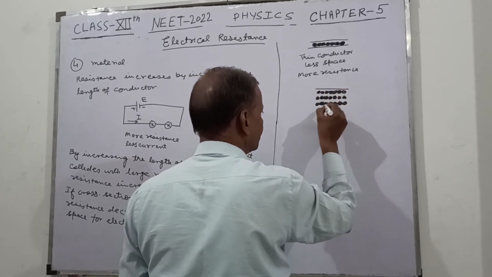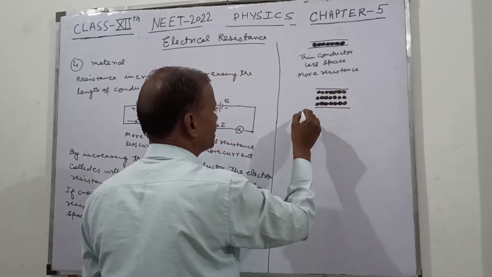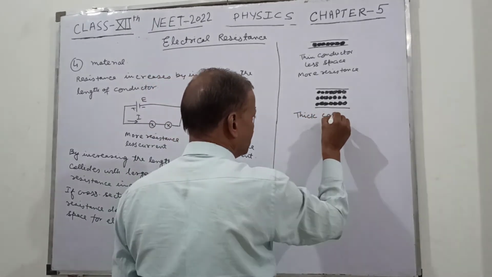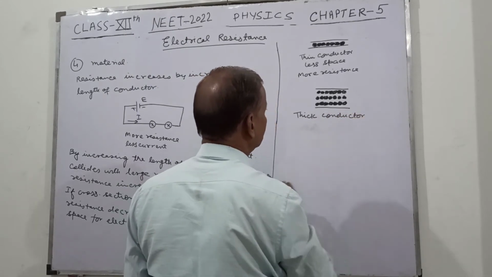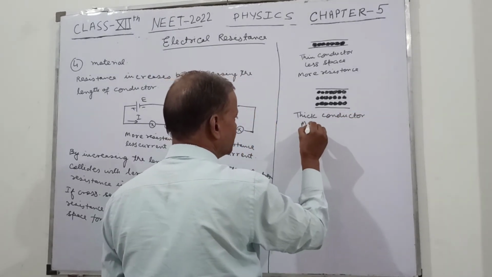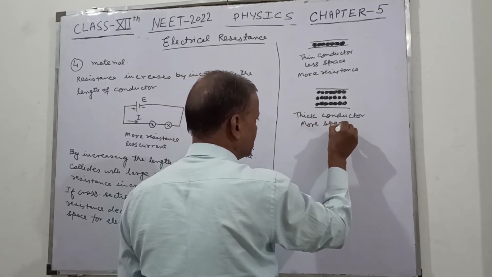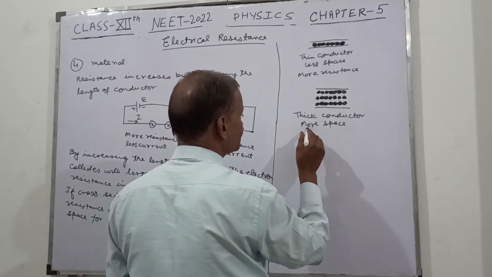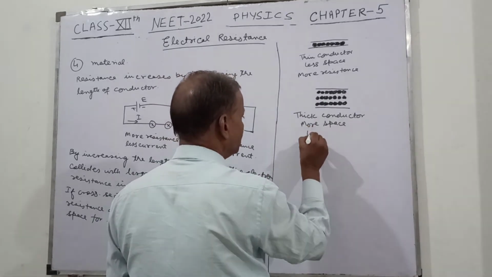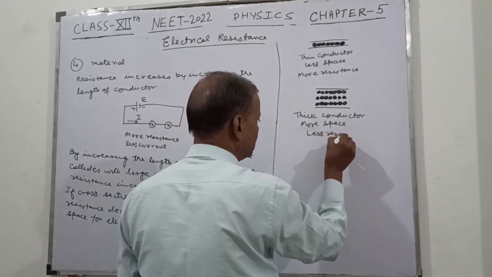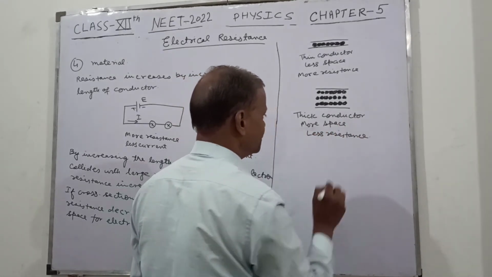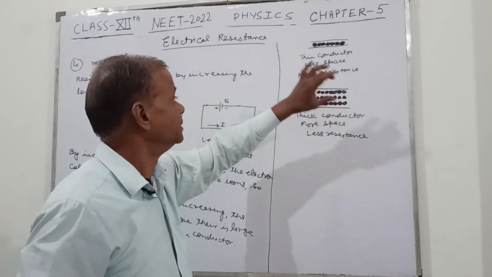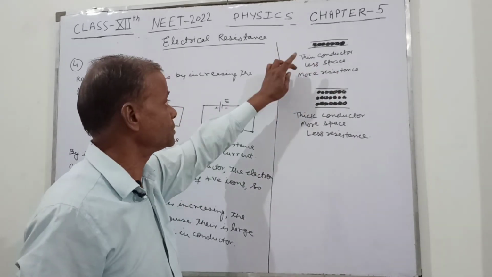This is the thick conductor. Thick conductor, so more space. You are looking at more space here, and the less resistance. Less resistance.